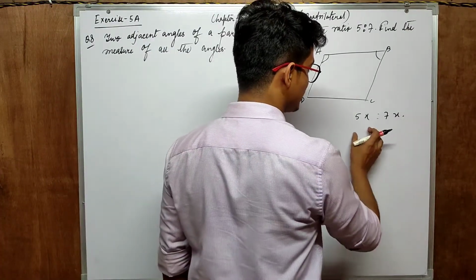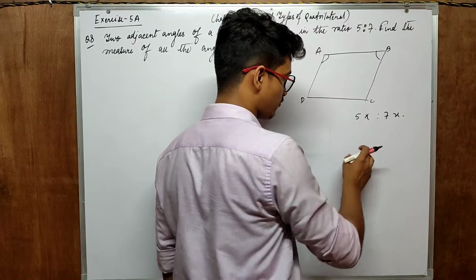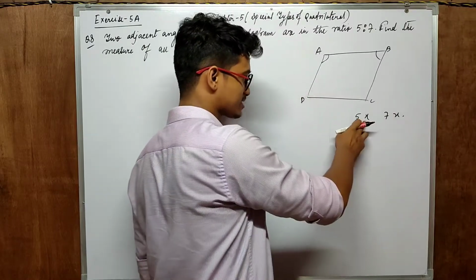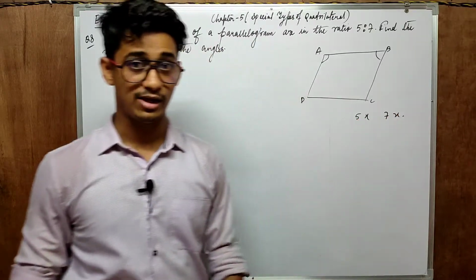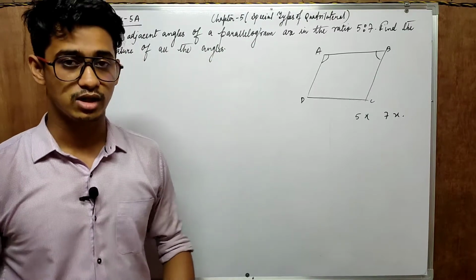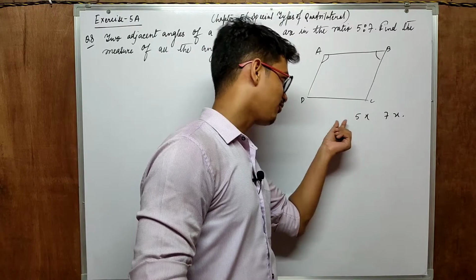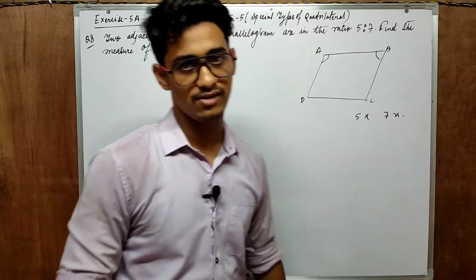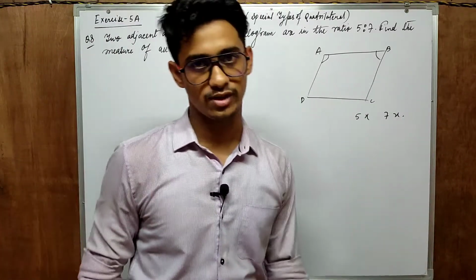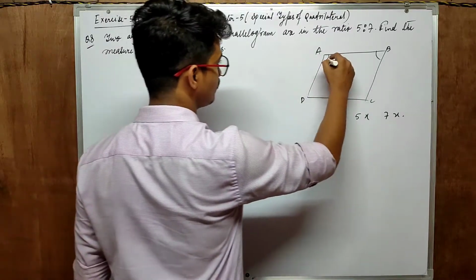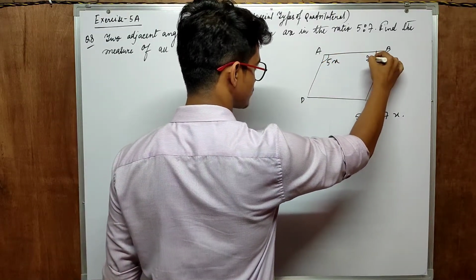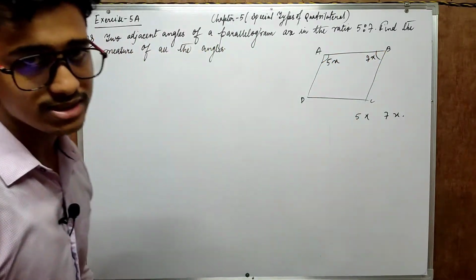When we want to write it in separate form, we have to put x, because we don't know the exact value, but whatever it is multiplied with 5, it should be multiplied with 7. So that's why we have put x over here. That is the criteria: 5x and 7x.